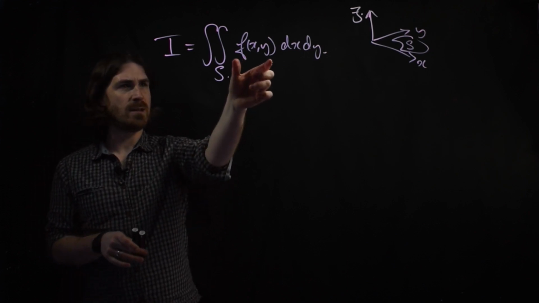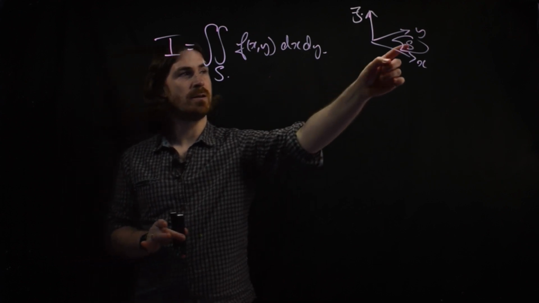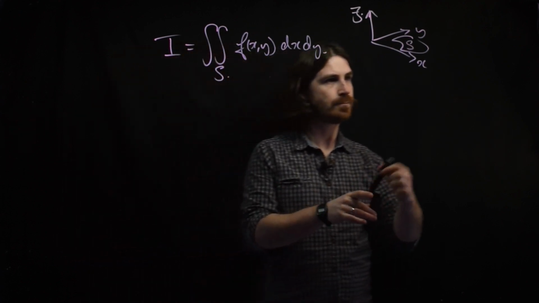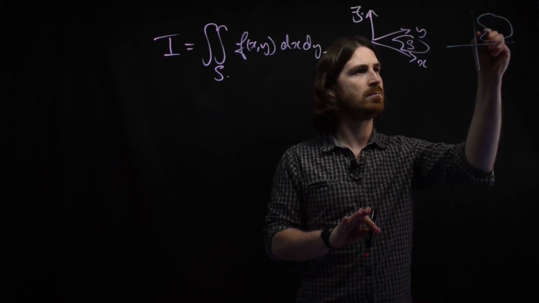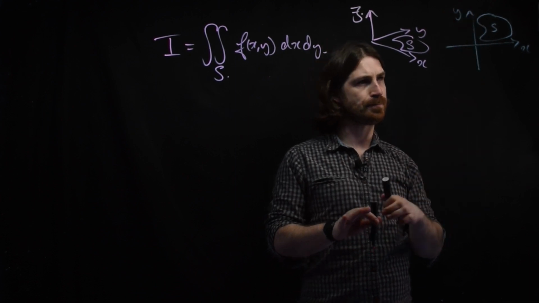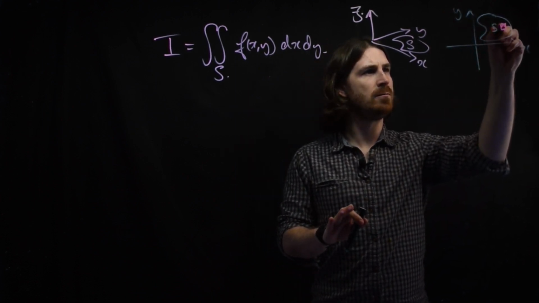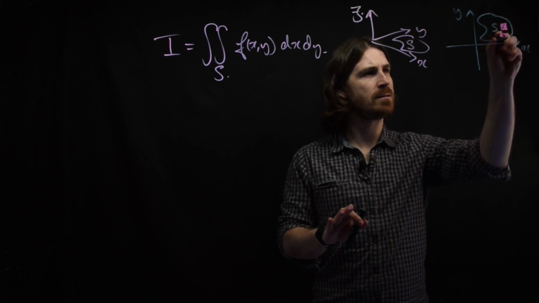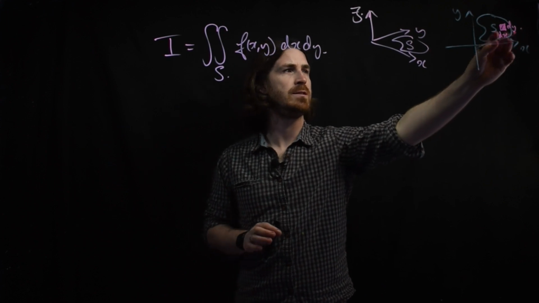If we set f to 1, then this just gives us the area of the region S. So here is the region S in the xy plane. What we're doing is counting up all the little rectangles of width dx, dy, so there's an area dx dy.